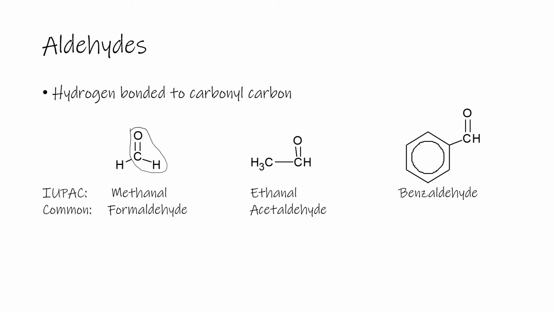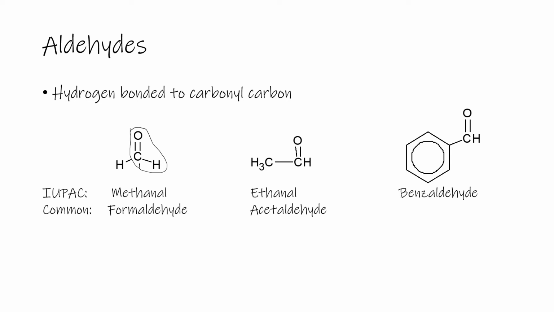This first one that I just highlighted the aldehyde functional group in, the IUPAC name for it is methanal because it contains just one carbon. You'll notice that one carbon is that carbonyl carbon, and so when we count the carbons in aldehydes, we do count the carbonyl carbons, and those are always going to be carbon number 1. They're always going to be at the end because it has a hydrogen on the other side, not a carbon.